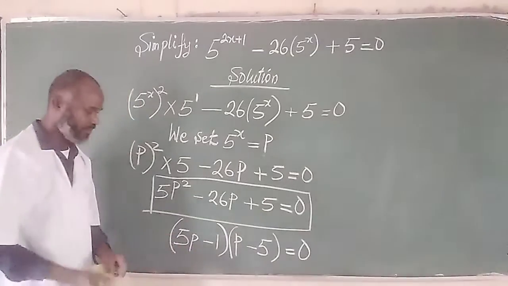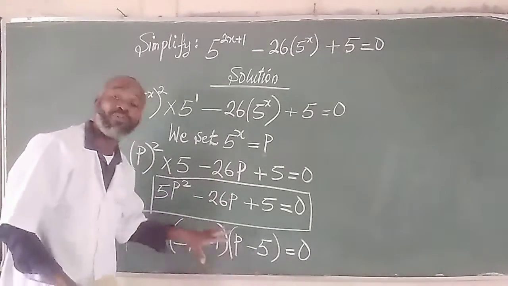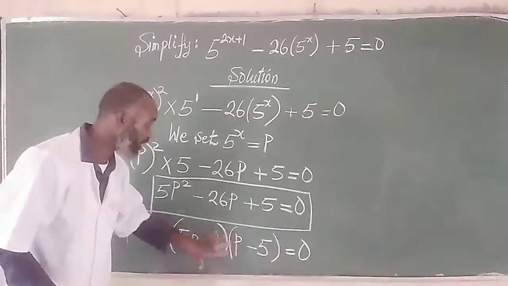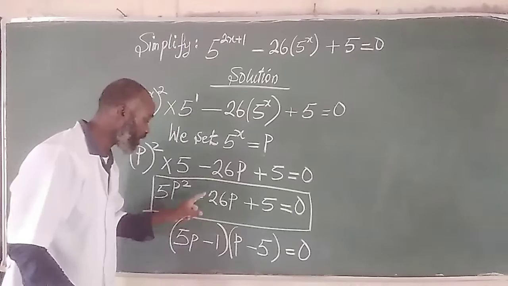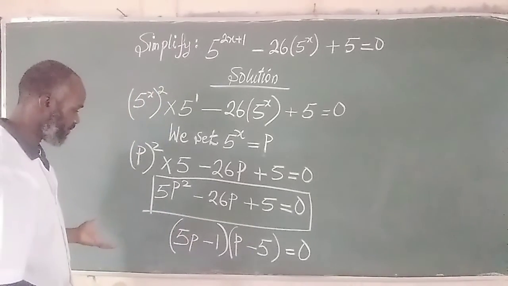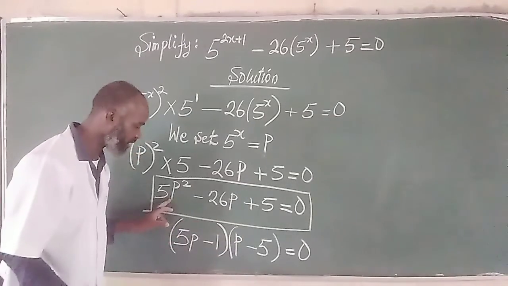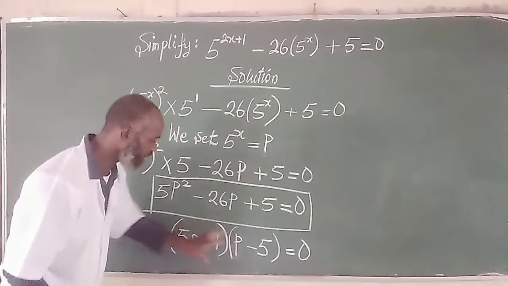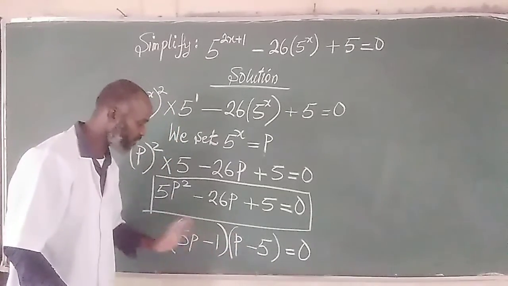So look at this. We have factored this into this. It means that this is the factorization method approach of solving this quadratic equation. So take note, by the time we say 5p times p is going to give us this, and again 5p times 5 is going to give us 25, and then the rest of it.